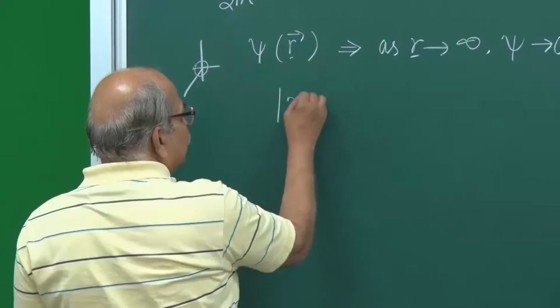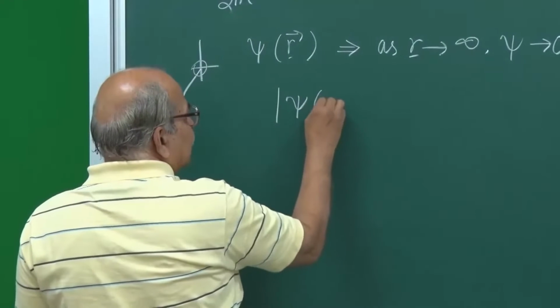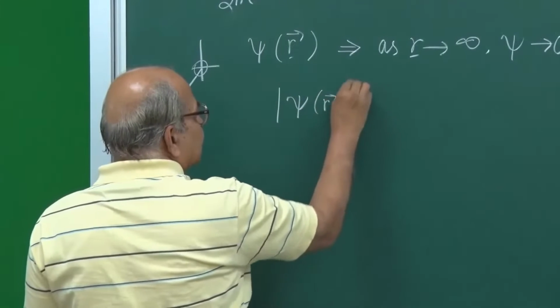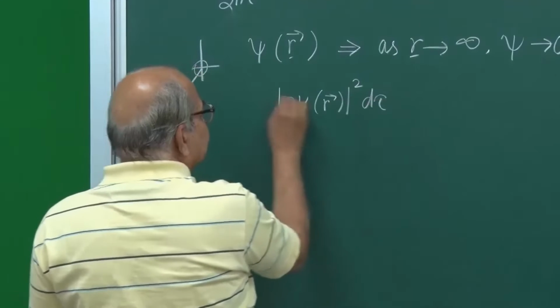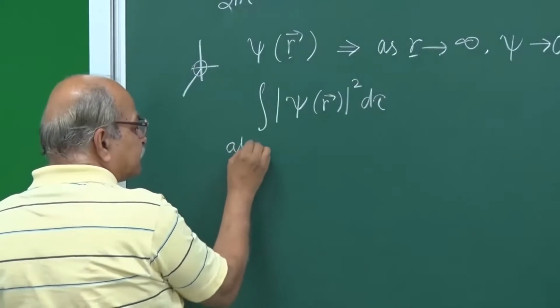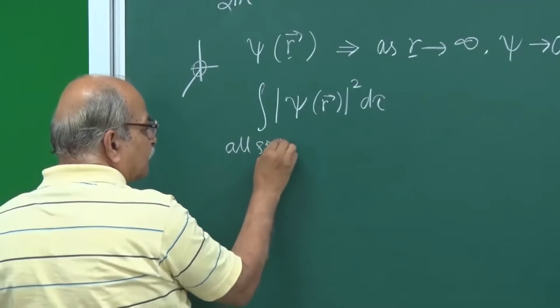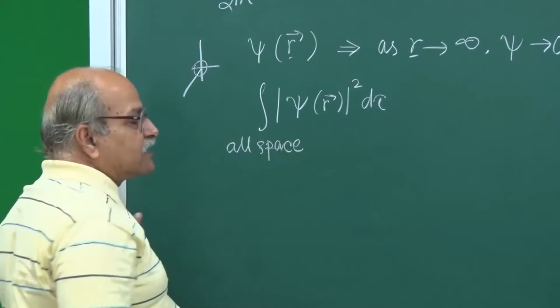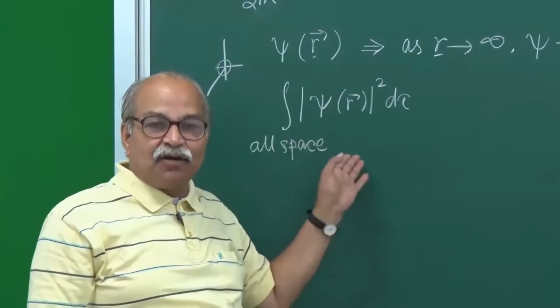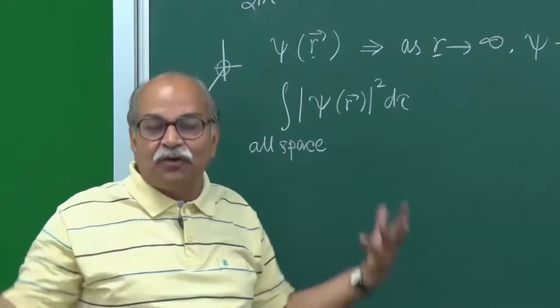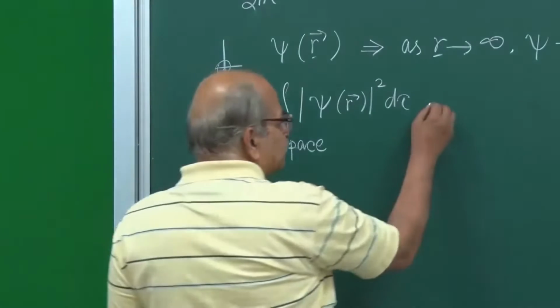Similarly, if I take the integral of mod psi r squared d tau over all space, this gives me the total probability of finding the particle somewhere in the whole space. That must be 1.